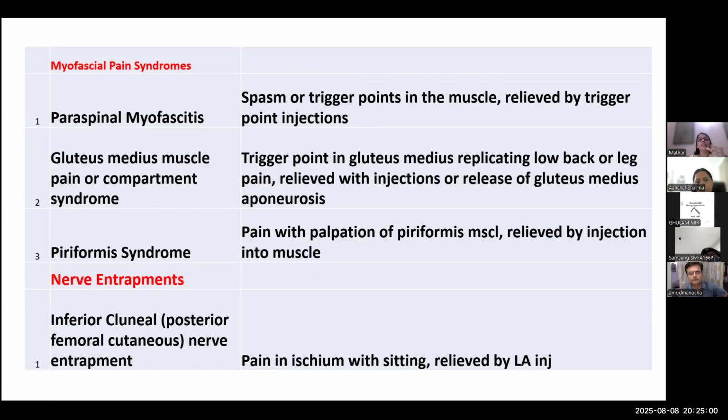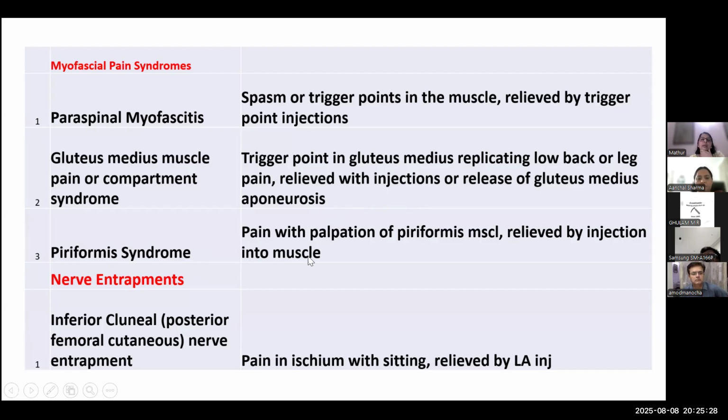Coming to the myofascial pain syndromes, they can be paraspinal myofasciitis. Again, there will be trigger points in the paraspinal muscles, and these can be relieved by trigger point injections. There can be gluteus medius muscle pain or compartment syndrome. Similarly, a trigger point in the gluteus medius can replicate the pain and be relieved by trigger point injections, or release of the aponeurosis.